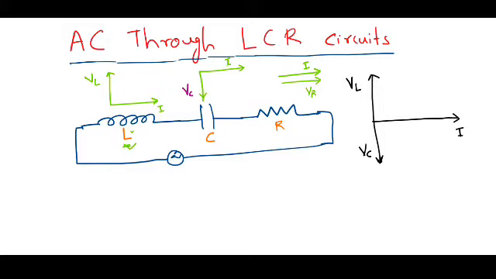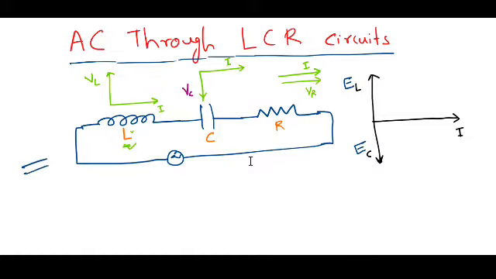In the last lecture, we used the notation E for voltage, that is, EL is the voltage across the inductor, and EC is the voltage across the capacitor.